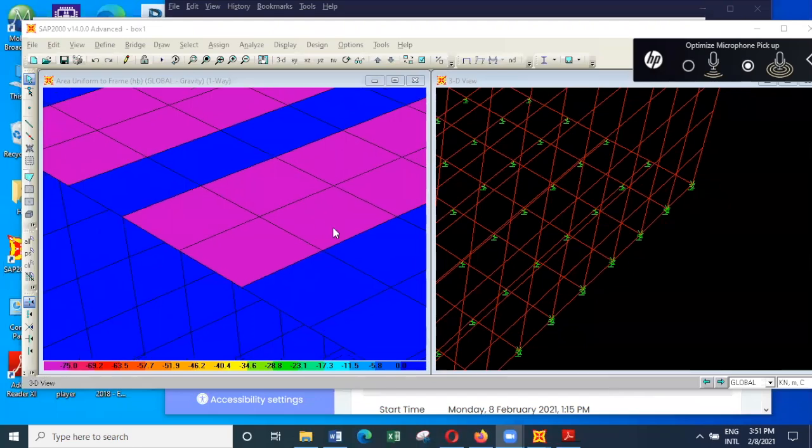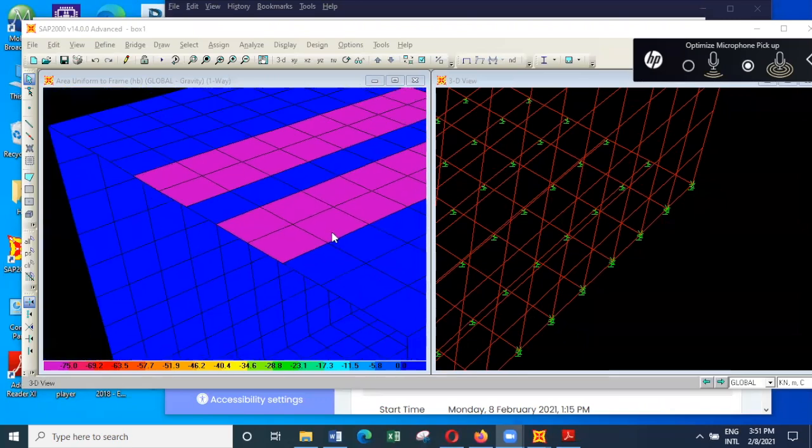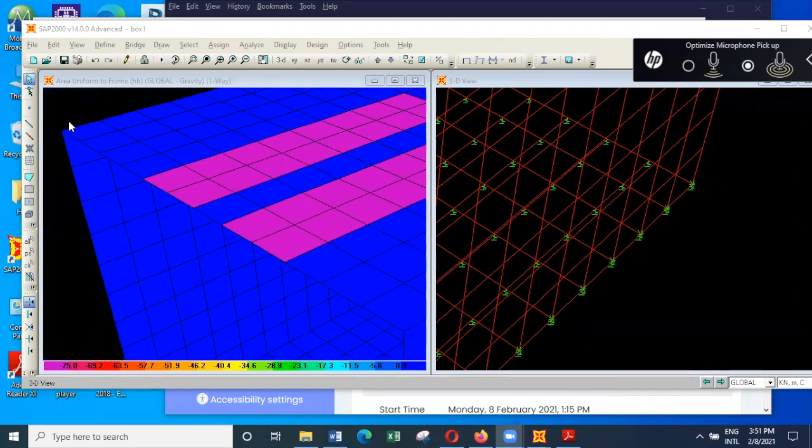So here you can see the loads have been applied in such a way. Here you can see there are 4 cells on this side. Here you have only 3 cells.